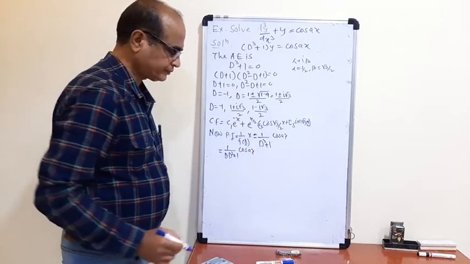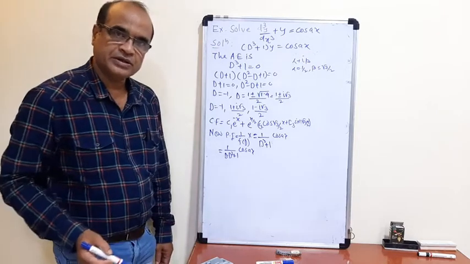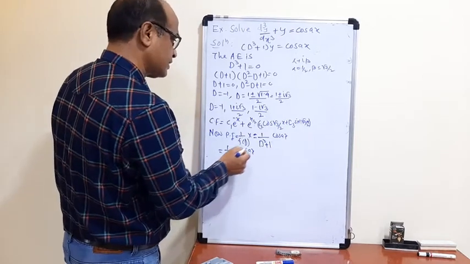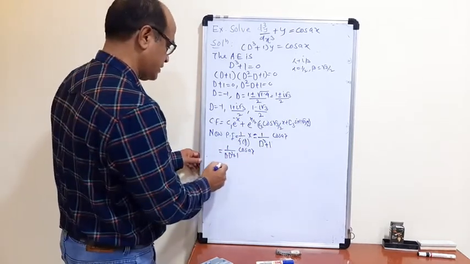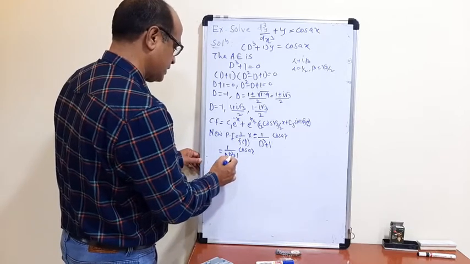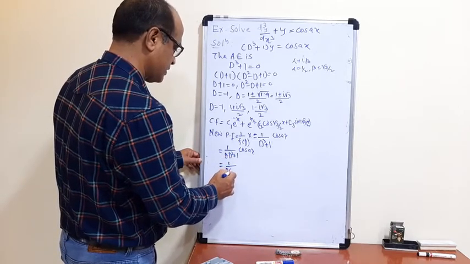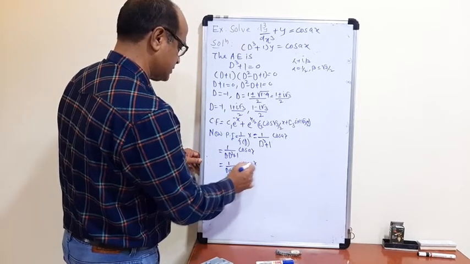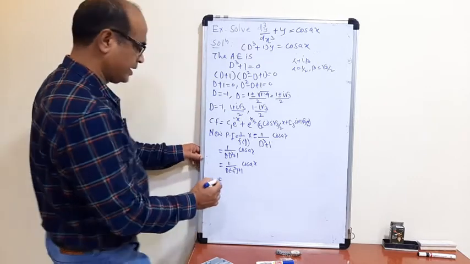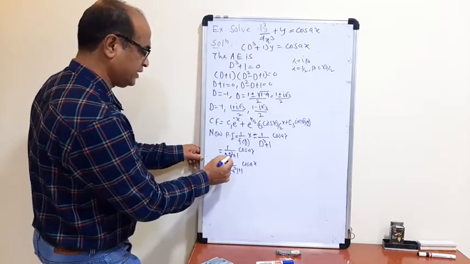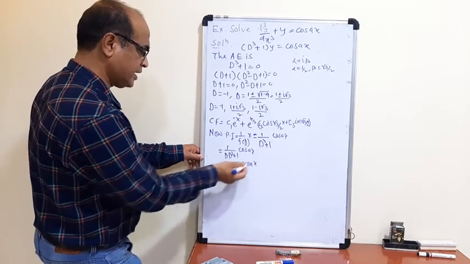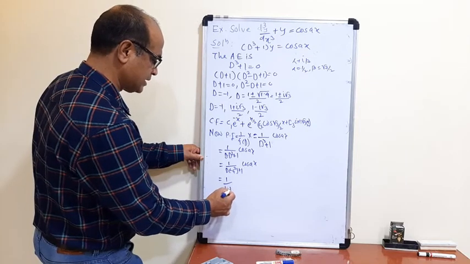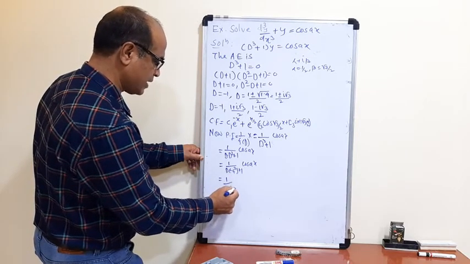Then put d square is equal to minus a square. So 1 upon d into d square, that is d cube, with d square equal to minus a square, gives 1 upon 1 minus d a square.